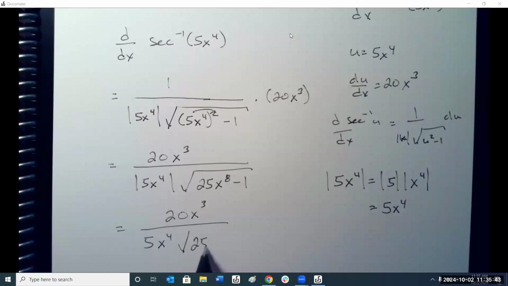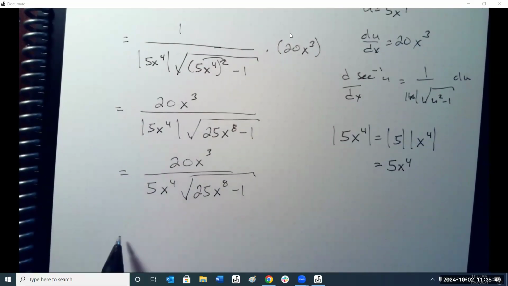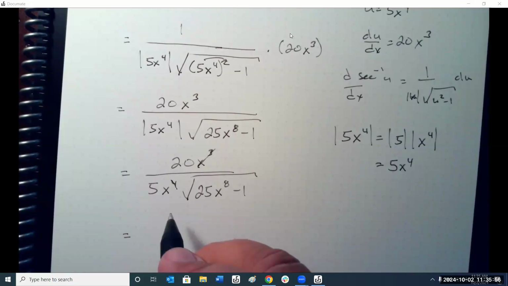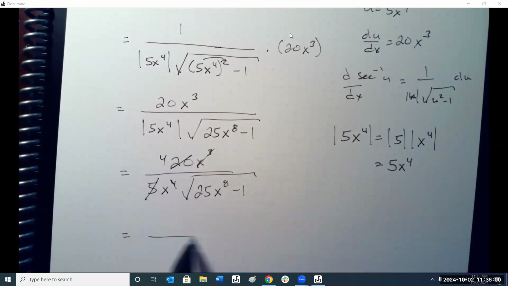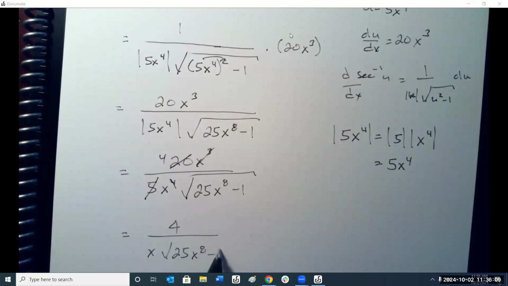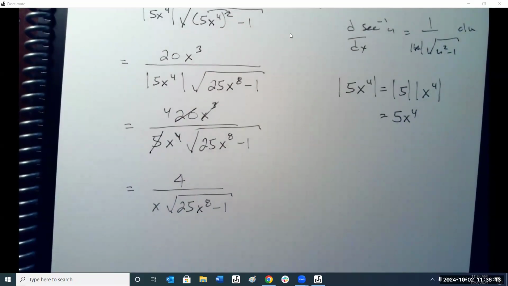And this is 25x to the eighth minus 1. And just clean up, so x cubed goes, 5 goes into 20 4 times: 4 over x times the square root of 25x to the 8 minus 1. And there's your answer.